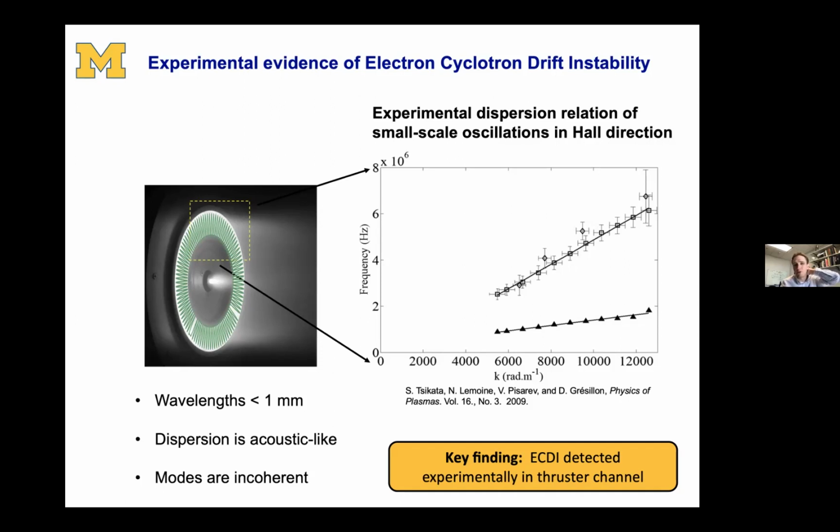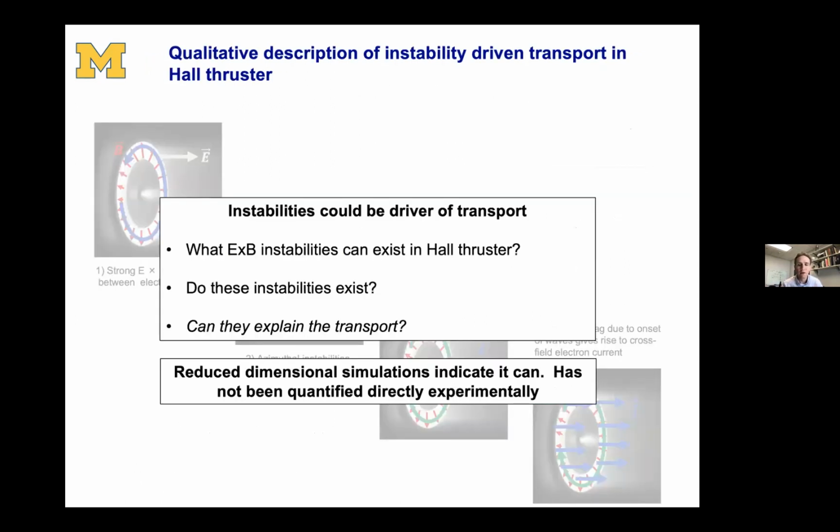Simulations instead had shown that the wave should be relatively coherent and dominated by one length scale. So that actually is still something that has not quite been resolved in the community, this disparity between experiment and simulation. But at least from the perspective of the linearized expectation that there should be this type of instability in the plasma, that was confirmed experimentally.